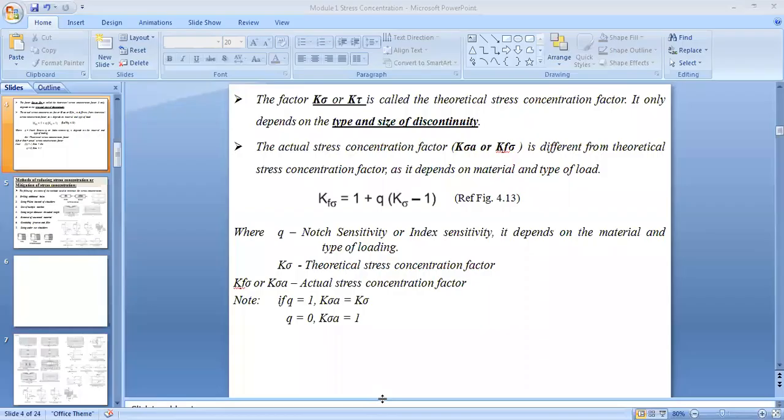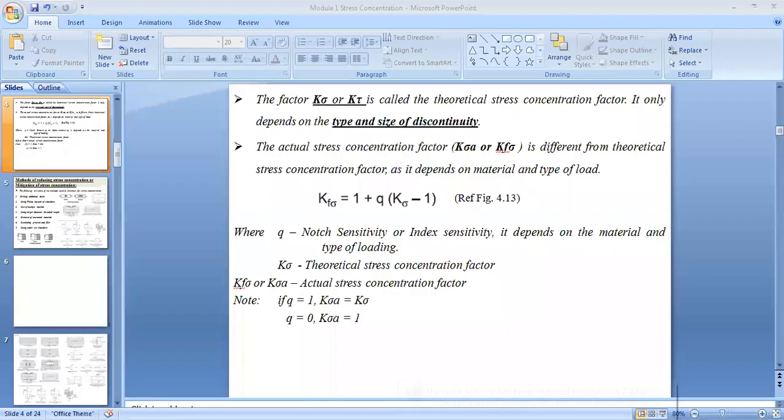Yes, now please check. Am I audible? Does anyone give me confirmation? Yes, sir. Audible. Okay, thank you. Again, due to some network issue, my internet is also not stable.